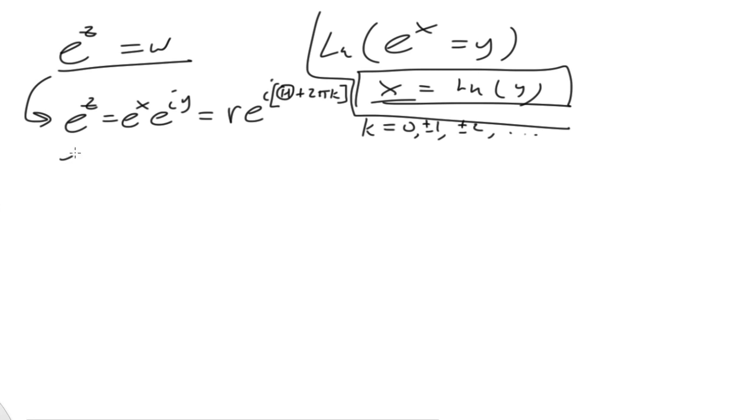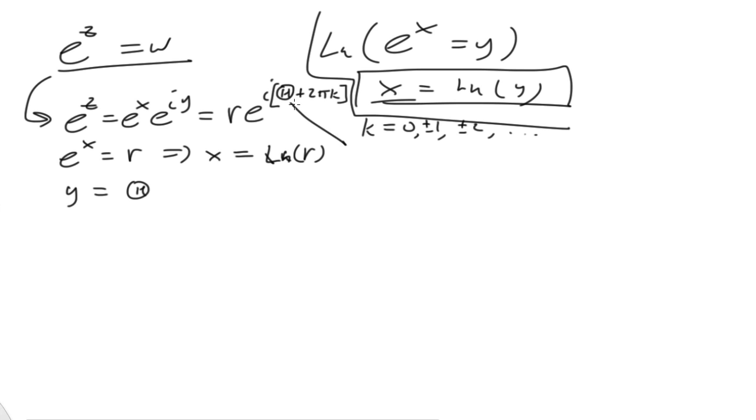Well, we just have to equate things. e to the x is equal to r. Therefore, x has to be equal to the natural log of r. And then y has to be equal to this value here.